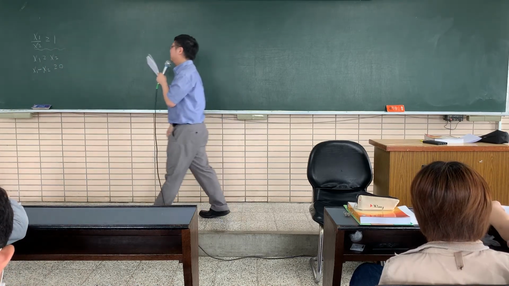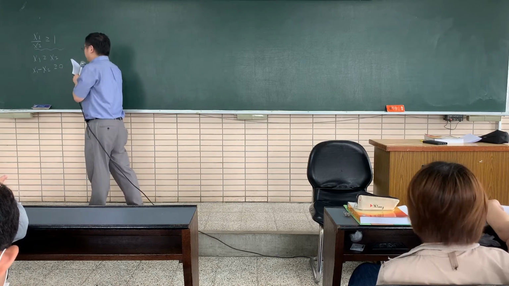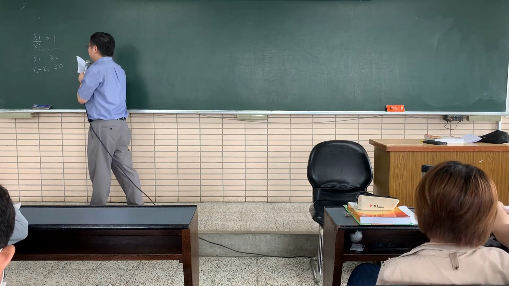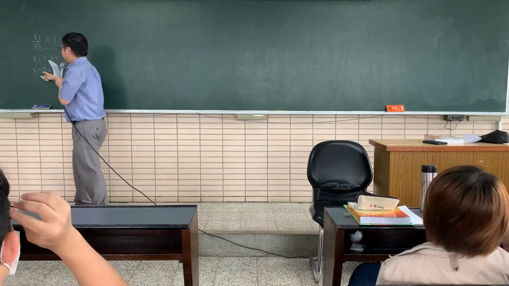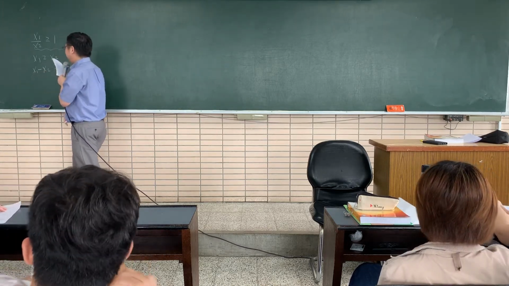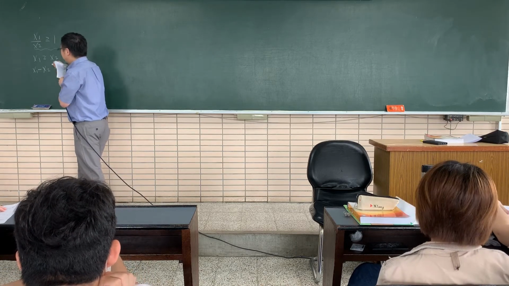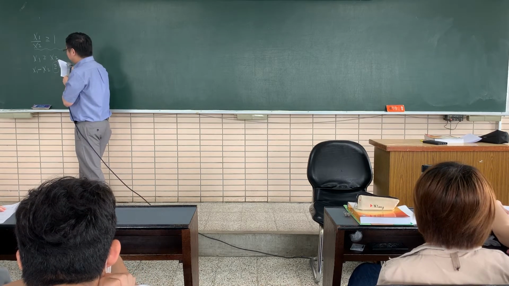So in your computers, when you use Q4 window, it will ask you to type the coefficient of x1, coefficient of x2, and the equality or inequality, and the right-hand side value.